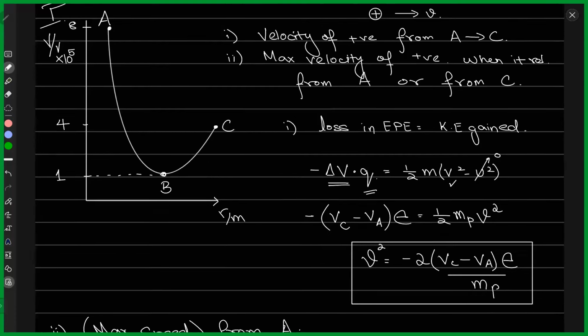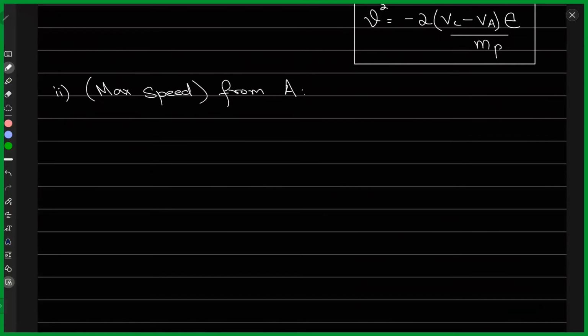So I have to compute the maximum speed, which means I'll again use the conservation of energy and say that all the loss in the electrical potential energy was gained in kinetic energy, right? And so again, we would have loss in electrical potential energy, minus change in potential times the charge of this proton, is equal to half m v squared.